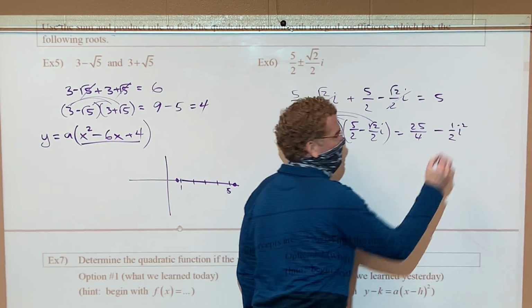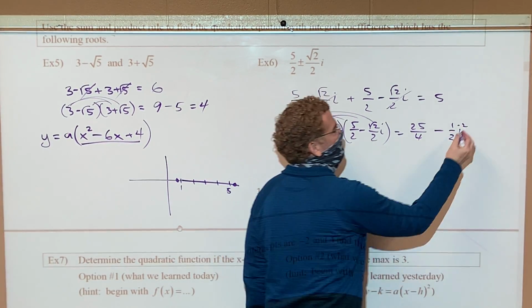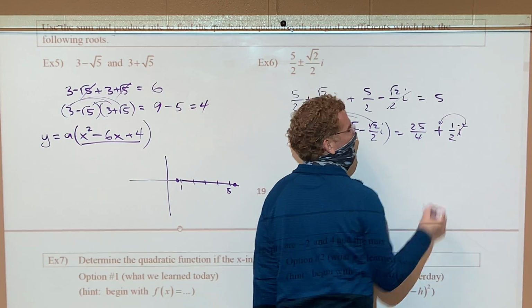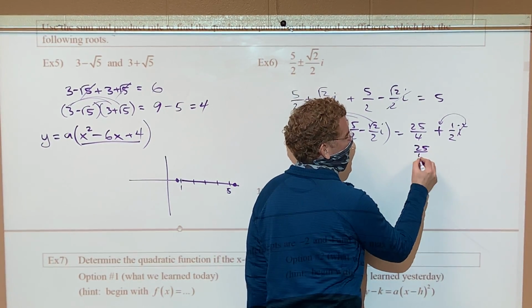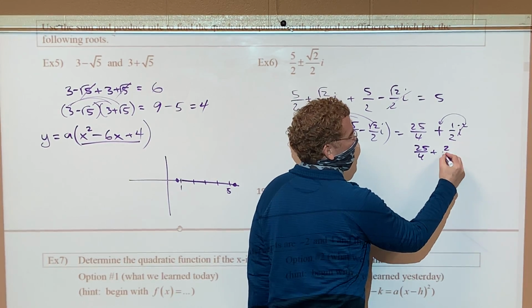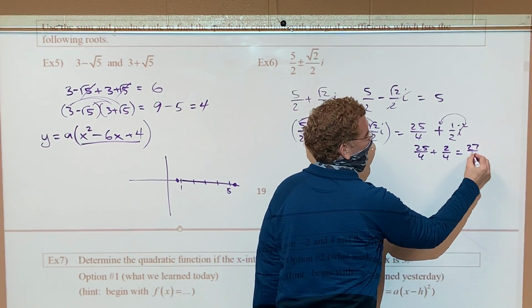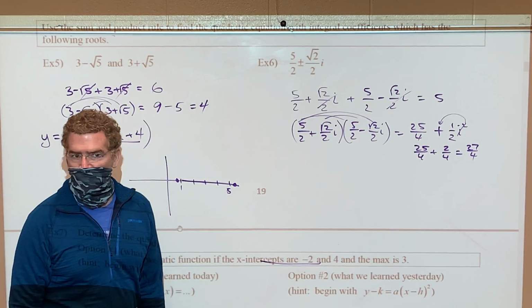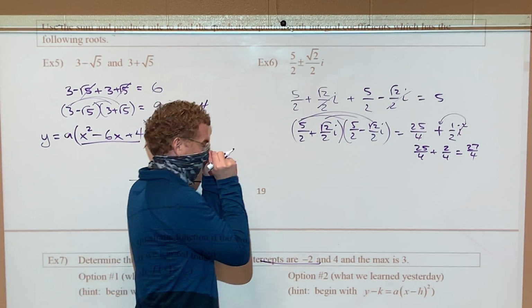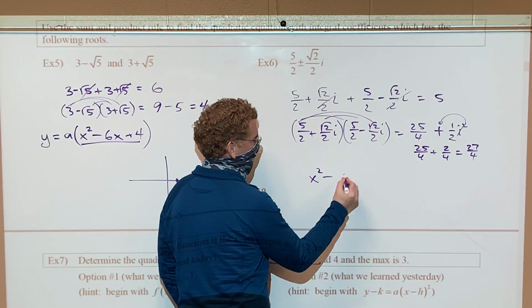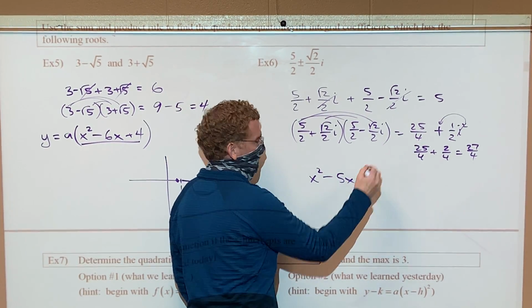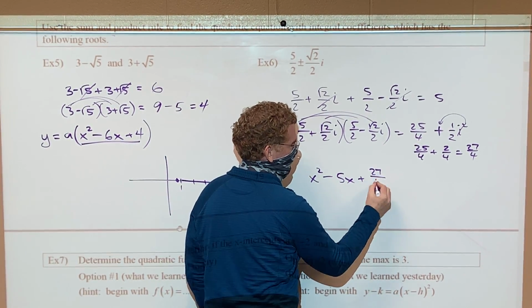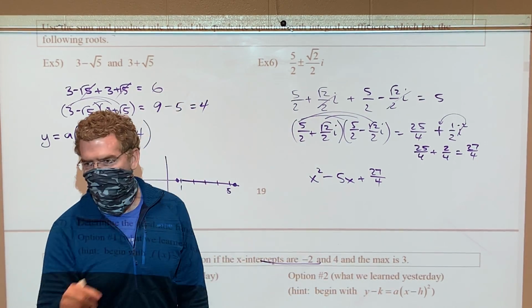And what does the I squared do? Positive. Makes that positive. And what's 25 fourths plus 1/2? That's 25 fourths plus 2 fourths. 27 fourths. So what is my expression? X squared minus 5x plus 27 fourths.